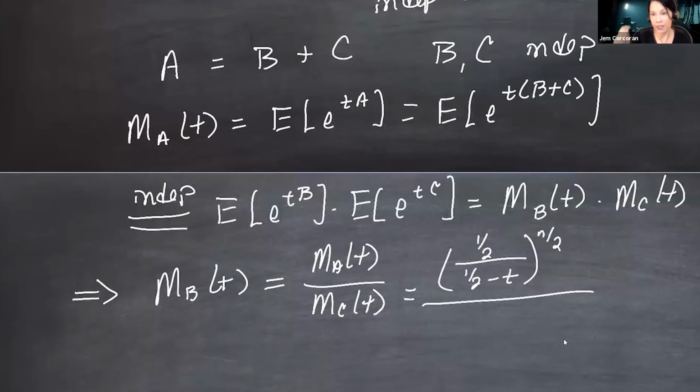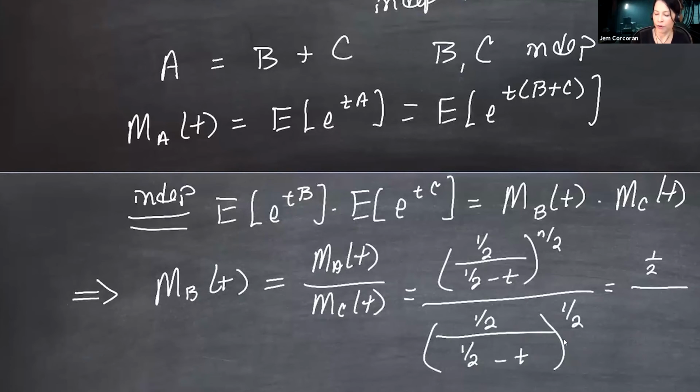And C was a chi-squared 1, so that's (1/2 over 1/2 minus t) to the 1/2. And this is (1/2 over 1/2 minus t) to the n over 2 minus 1 over 2, which is n minus 1 over 2. So it's looking like a gamma with parameters n minus 1 over 2, 1/2. It's looking like a chi-squared n minus 1.